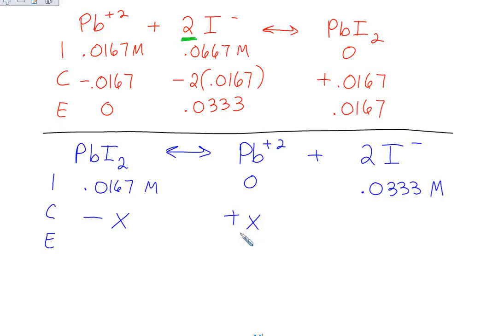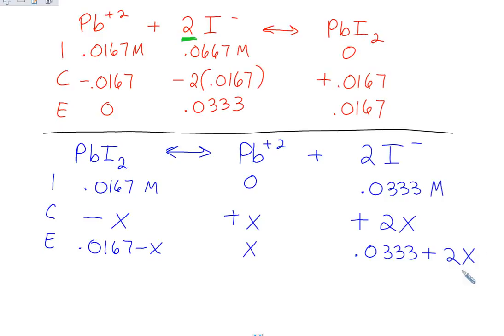And do you see where we're going with this? We're going to form some extra iodine. 2x. We got to watch the ratio in the balanced equation. If I redissociate a mole of lead iodide, I'll get 2 moles of iodine ions. So at equilibrium, this will be 0.0167 minus x, x, 0.0333 plus 2x.